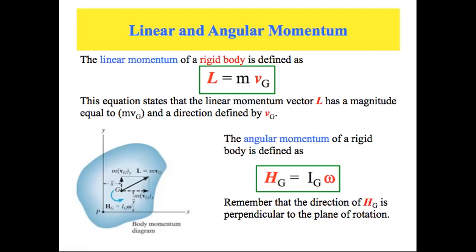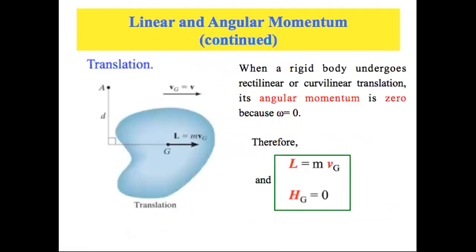As you remember, when we have a rigid body, we have three types of motion. First, translation: when a rigid body undergoes rectilinear or curvilinear translation, we don't have any angular velocity and omega is 0.